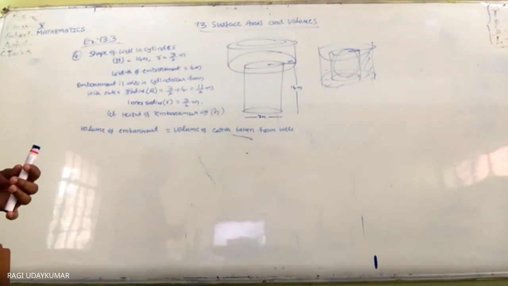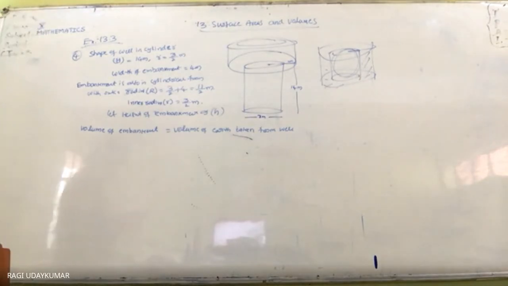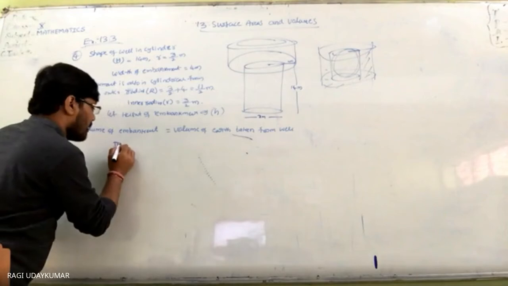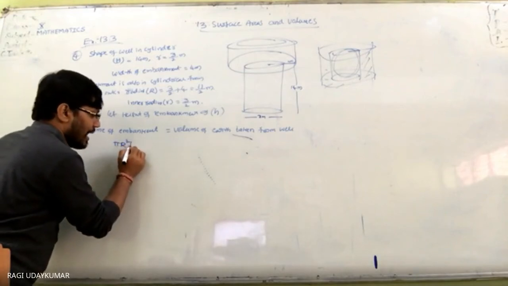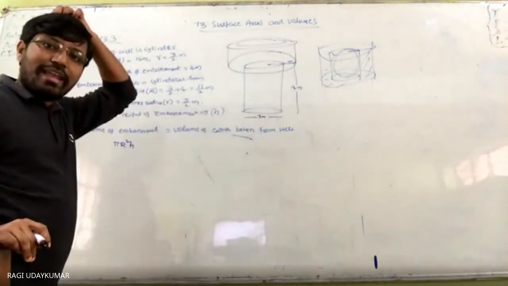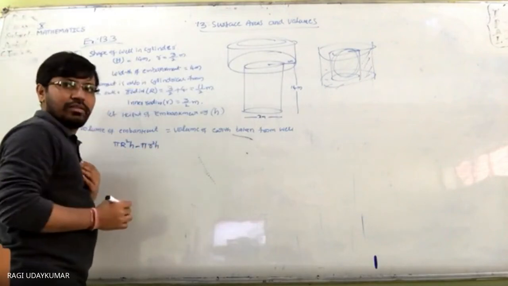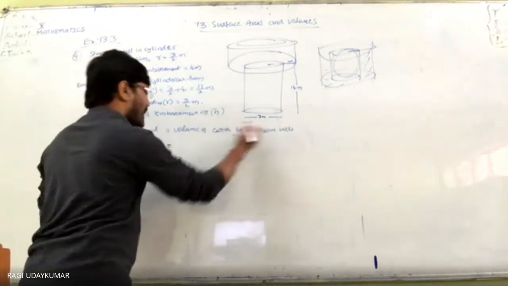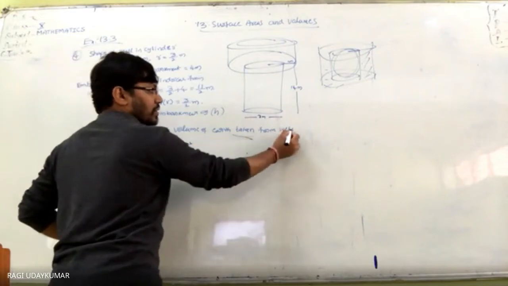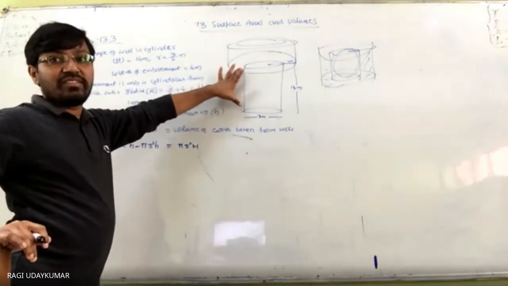So the volume of the embankment is pi capital R square small h, the outer cylinder's volume, minus pi small r square h, is equal to the volume of the well, which is pi small r square capital H, because the height of this cylinder means the depth of the well.